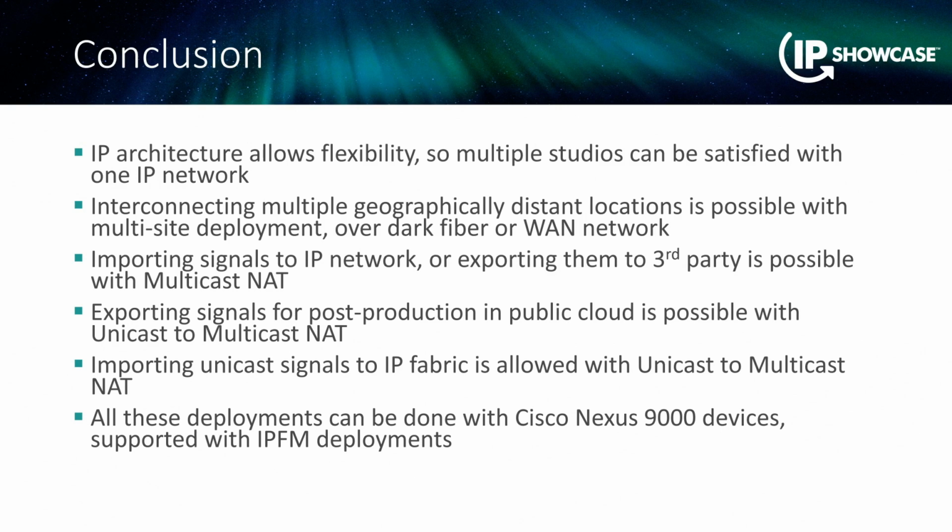Somebody would take the signals which are coming from Tokyo, transport them into the US, and then do all the editing and all the processing of the signals in the US. So they would have a minimal control room in Tokyo, get all the signals, put them on the wire, get them in the US, and then do further editing and everything else which you need to do. So that's the value of remote production in the system, and being able to interconnect multiple geographical locations, which is the value of IP signals.